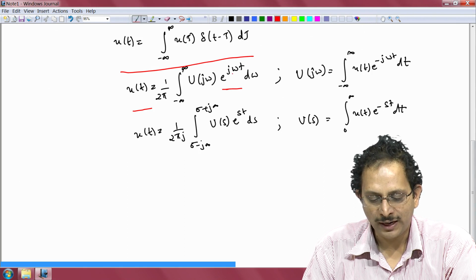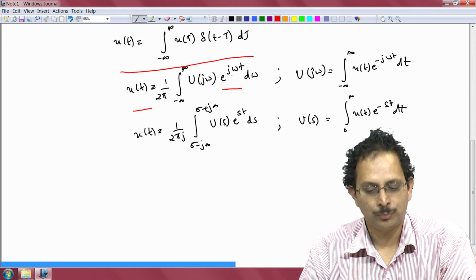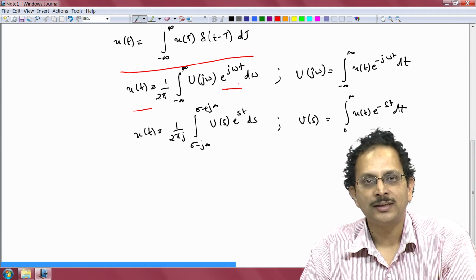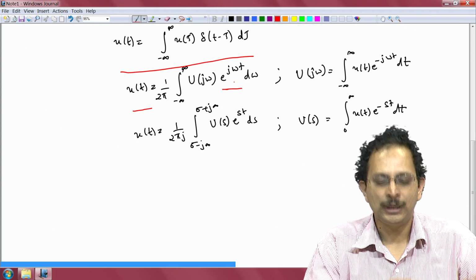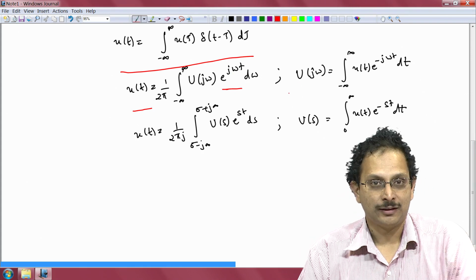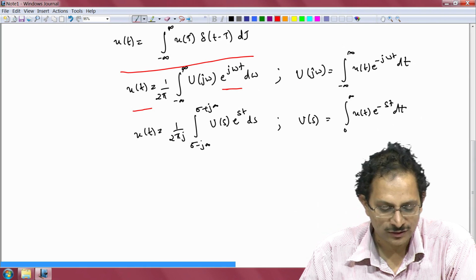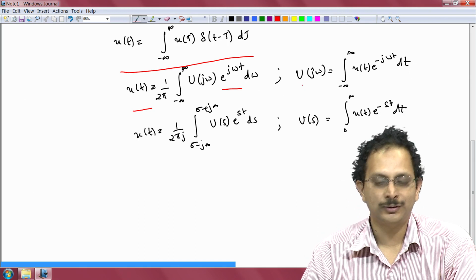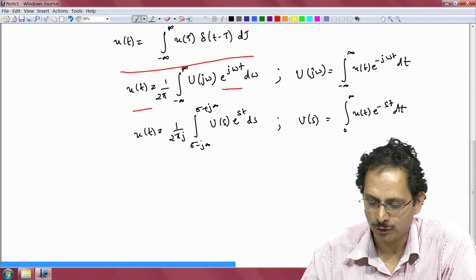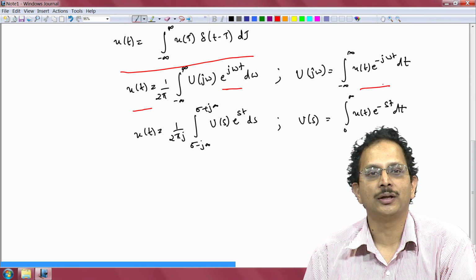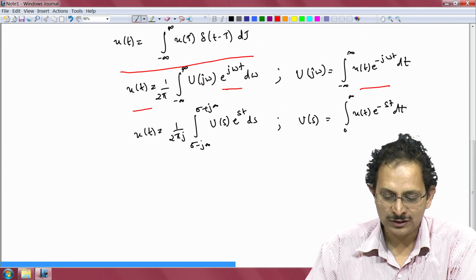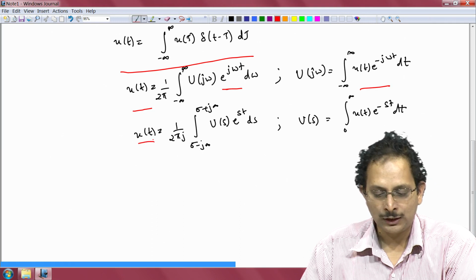Here we had to take any specific complex exponential e power j omega t in the quantity u of j omega times d omega and add it all up to get u of t. And that quantity, or the frequency content of the signal u of t, we called the frequency spectrum, and u of j omega, which was also called the Fourier transform of u of t, was given by this particular expression here.